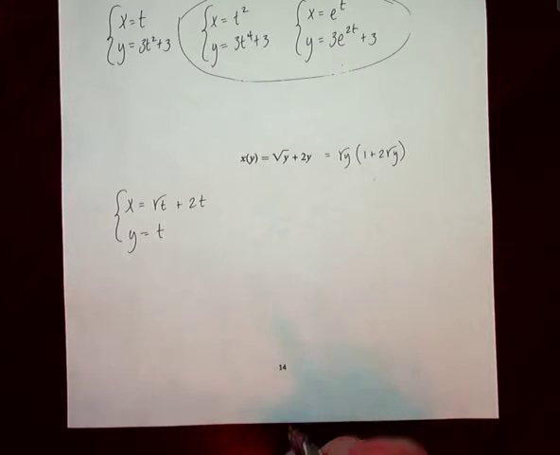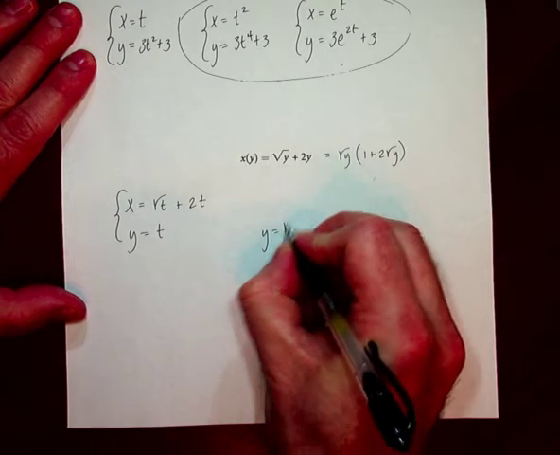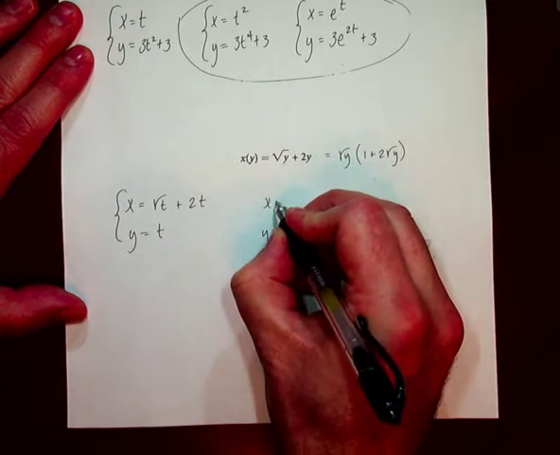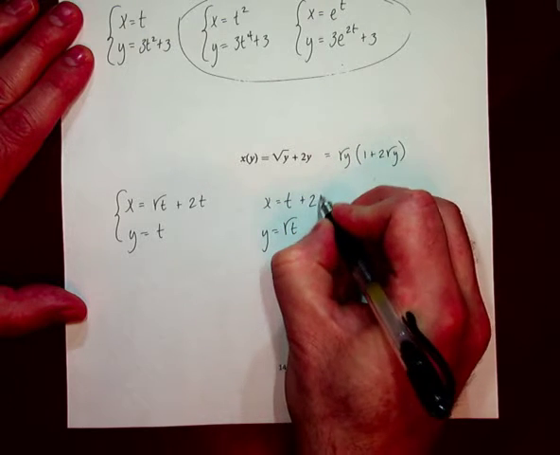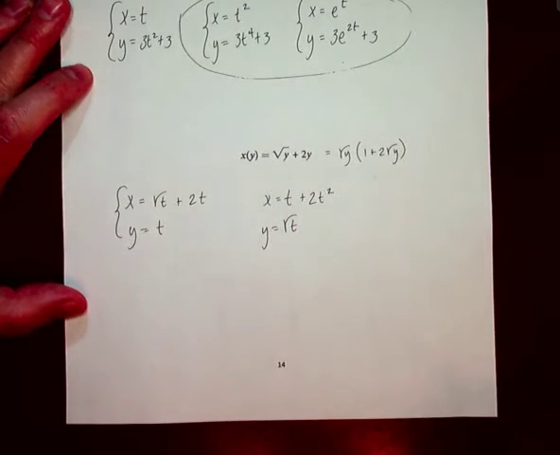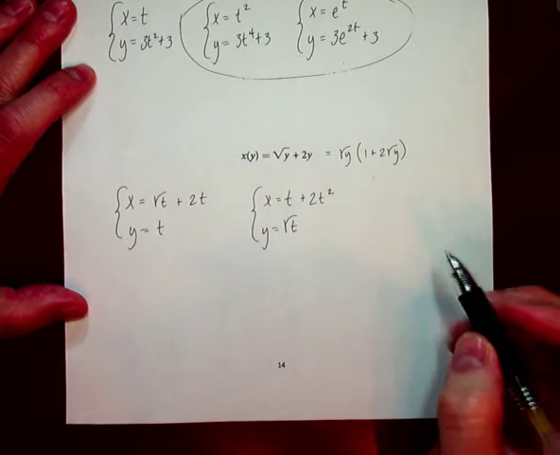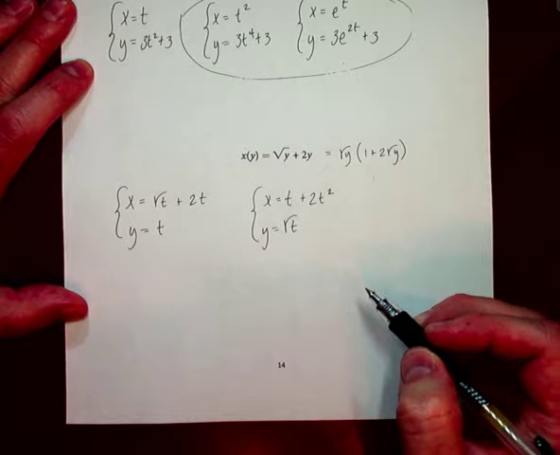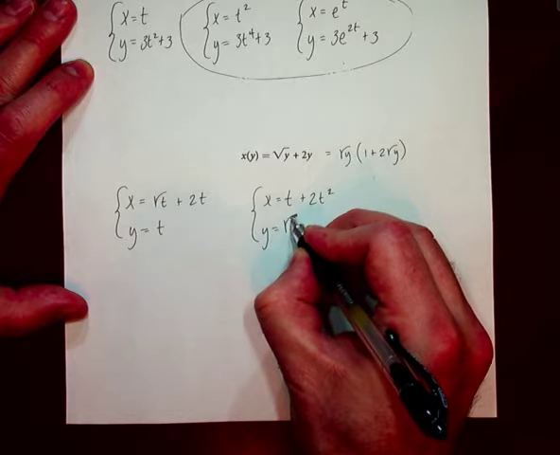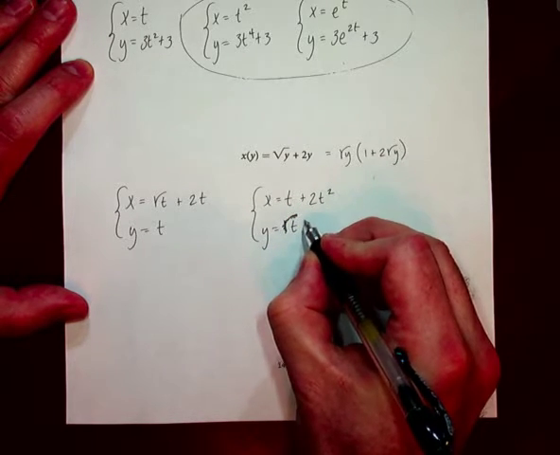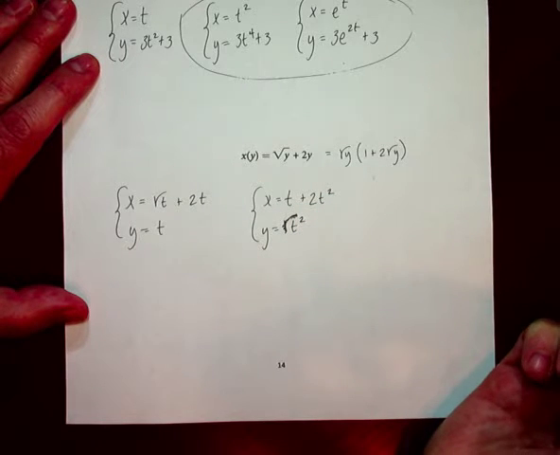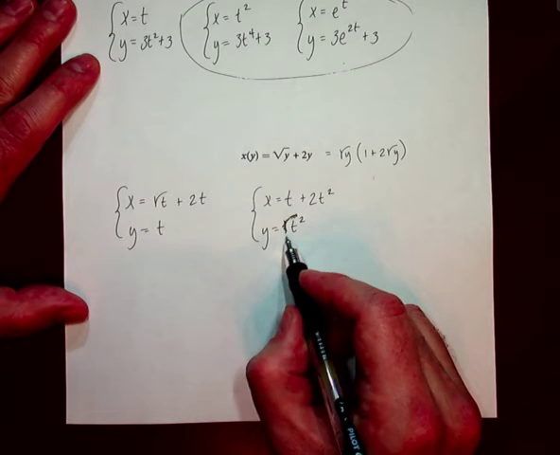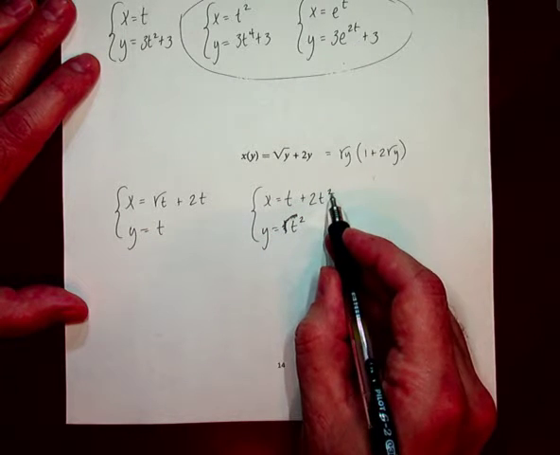Well, if you wanted instead for y to be root t, then you could do x is equal to t plus 2t squared. Couldn't you? And that's actually not the case. What needs to happen here is it needs to be t squared, because if it's t squared, then t is root t in here, and over here at the t squared, the y gets plugged in by itself.